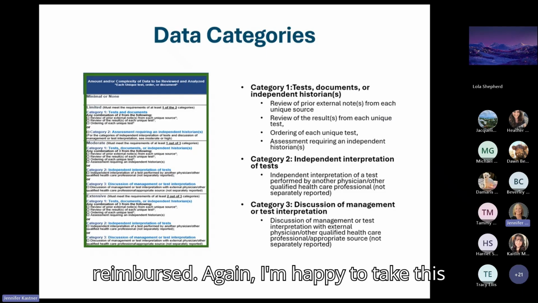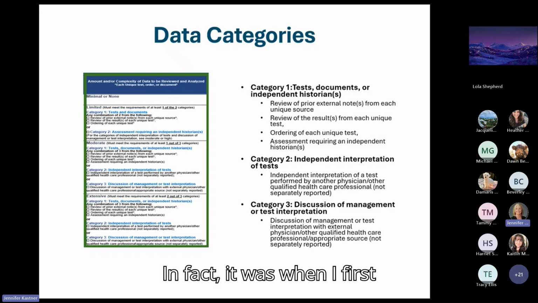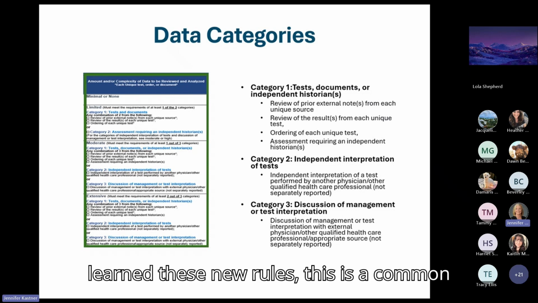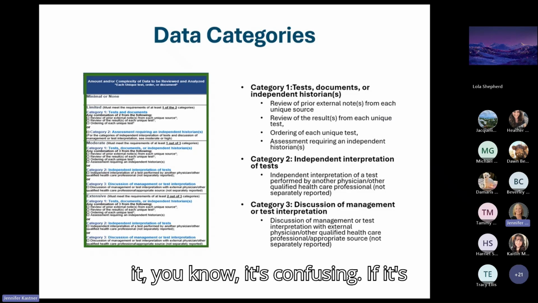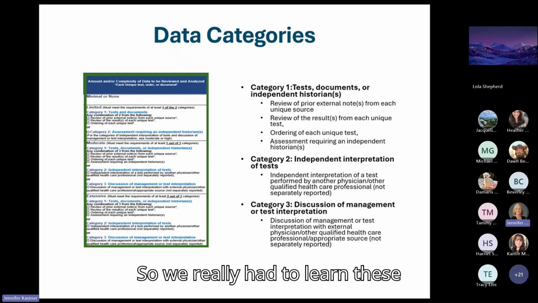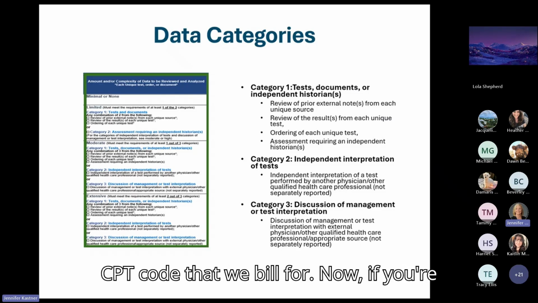Again, I'm happy to take this offline because this is one of those areas a lot of people don't realize. In fact, when I first learned these new rules, this is a common area that auditors get stuck on because it's confusing. If it's confusing for you, it's confusing for us. So we really had to learn these guidelines, and it boils down to if it's a CPT code that we bill for.